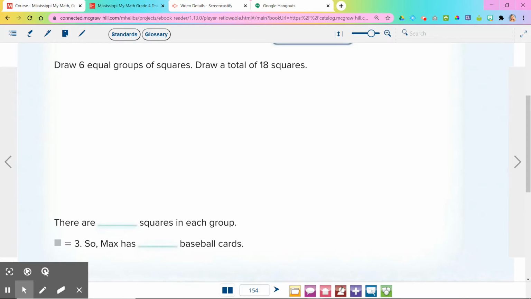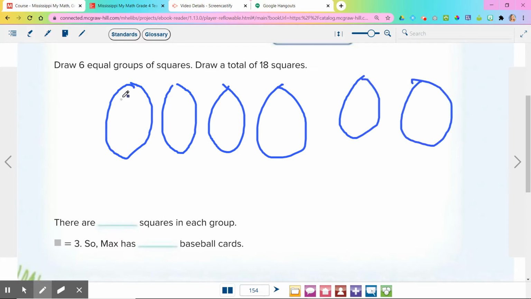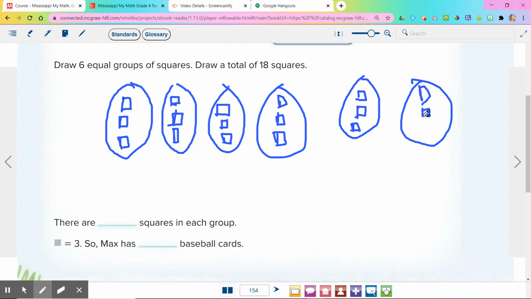It does ask us to draw 6 equal groups just to show. So we have to have 18 squares. If I have 6 equal groups, 1, 2, 3, 4, 5, 6, that just means my squares aren't going to be great. 1, 2, 3, 4, 5, 6, 7, 8, 9, 10, 11, 12, 13, 14, 15, 16, 17, 18.